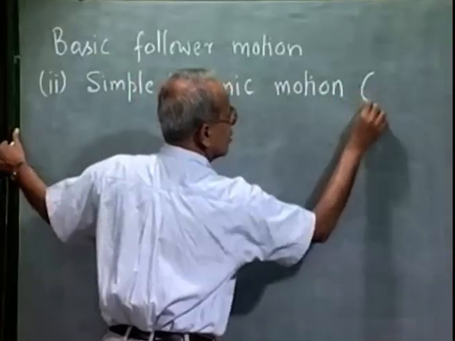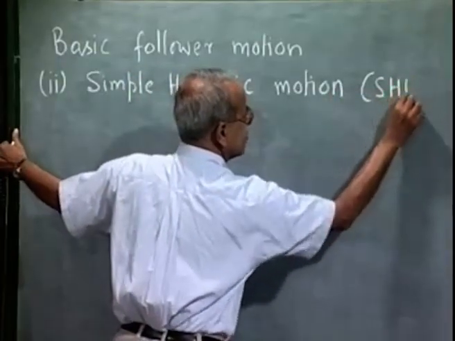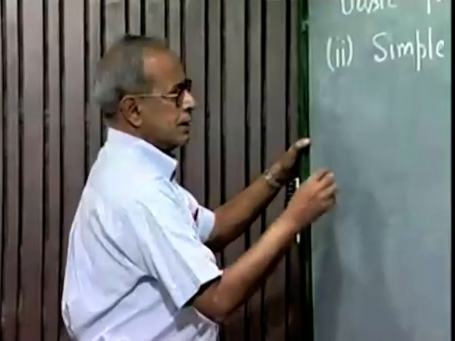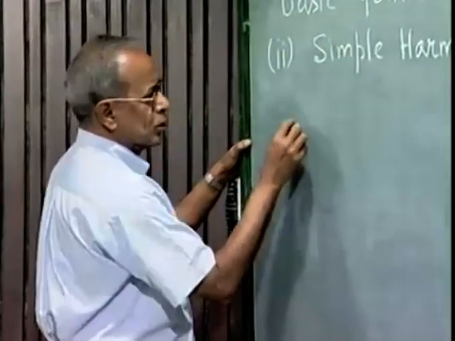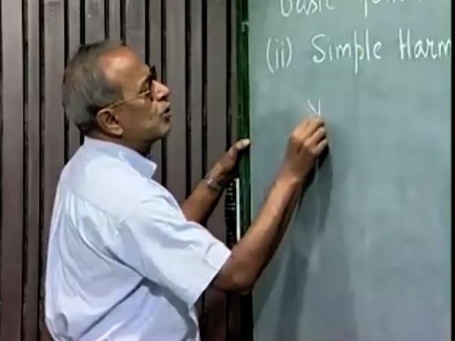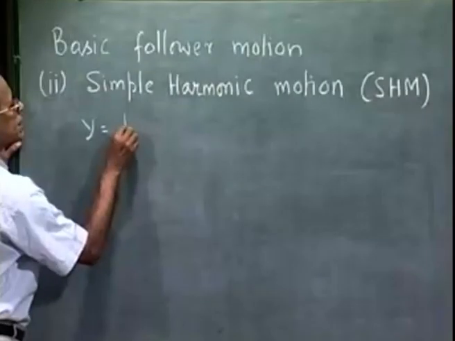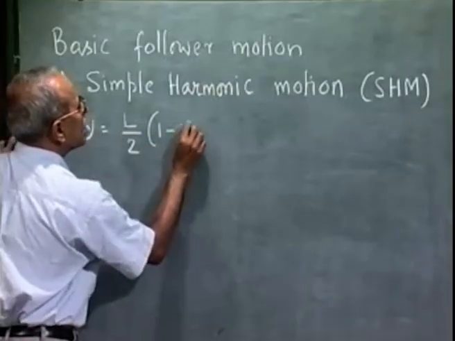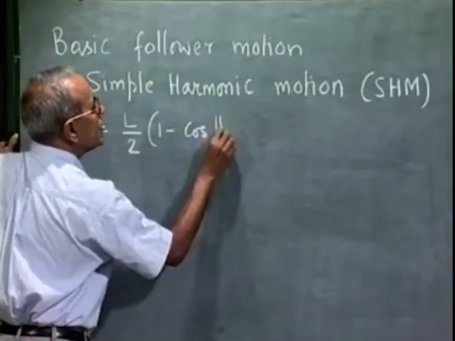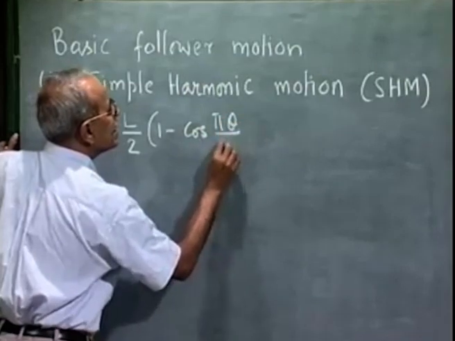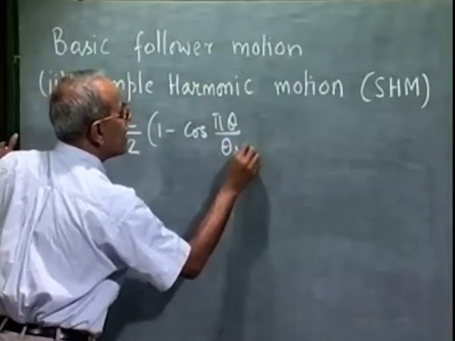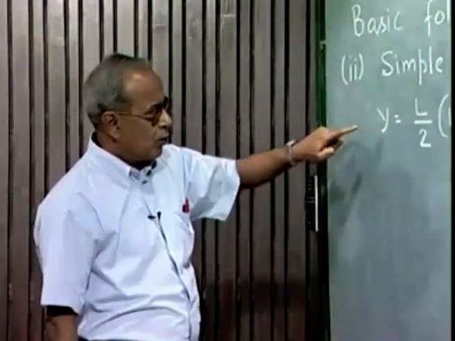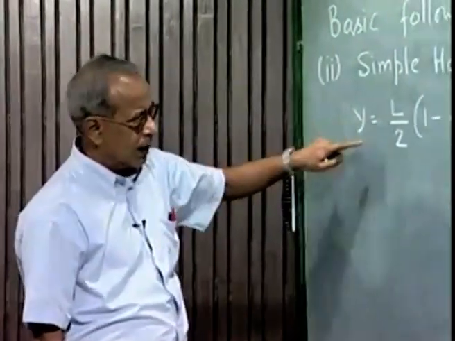In short, we call it SHM, that is simple harmonic motion. During this type of motion, the displacement of the follower y can be expressed as L by 2 into 1 minus cosine pi theta divided by theta Ri, where L is the lift of the cam, y is the displacement of the follower.